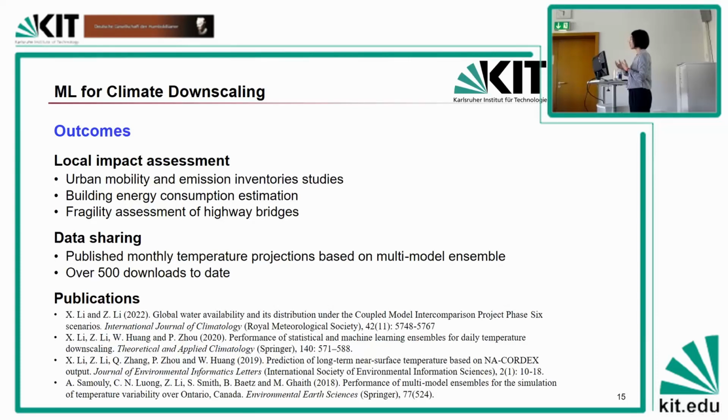We also worked with structural engineers who are evaluating the risk of highway bridges, because in Canada we use a lot of salt, which introduces chloride to the road surface. This is mainly to prevent the road surface from freezing during the winter. So we provide climate information for them so that they can further evaluate the hazard or the risks brought by climate change.